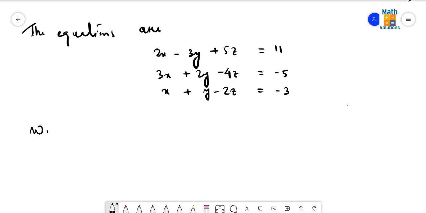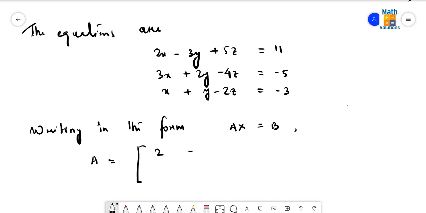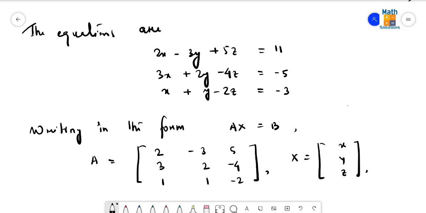Writing in the form AX is equal to B, I get A as 2, minus 3, 5, then 3, 2, minus 4, then 1, 1, minus 2, then X as x, y, z, and B as 11, minus 5, minus 3.